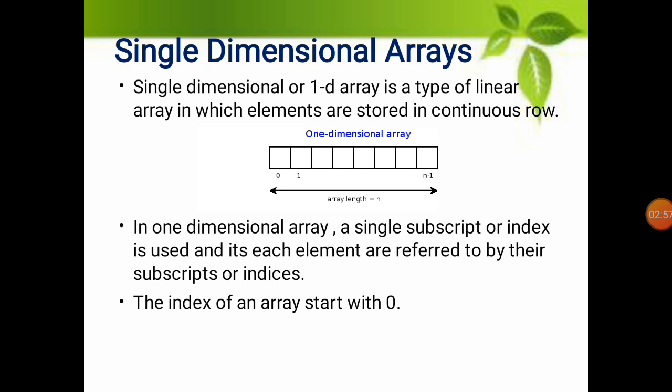Single dimensional or 1D array is a type of linear array in which elements are stored in a continuous row: 0, 1, 2, 3 up to n minus 1. In one dimensional array, a single subscript or index is used and each element is referred by its subscript or index. The index of an array always starts with 0.